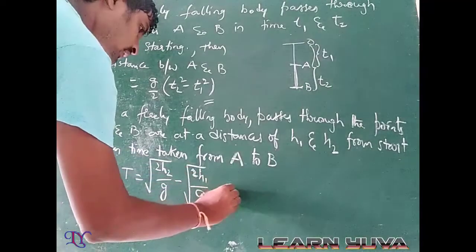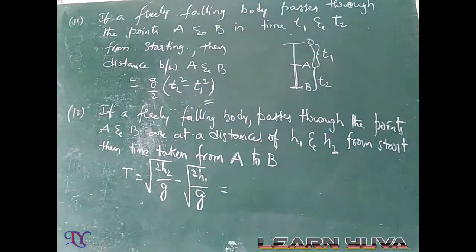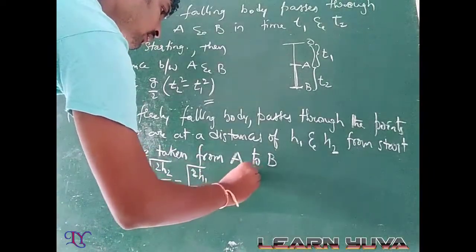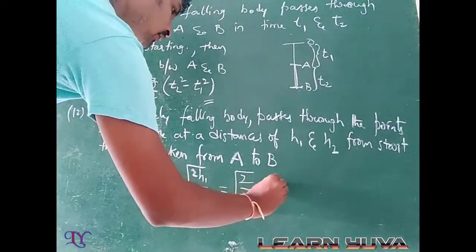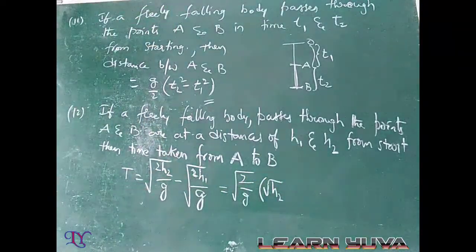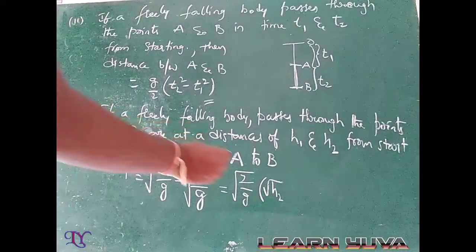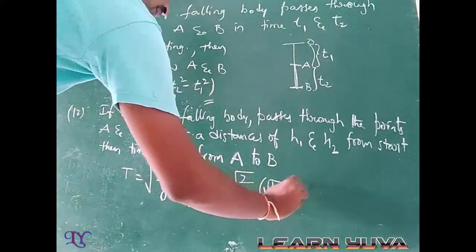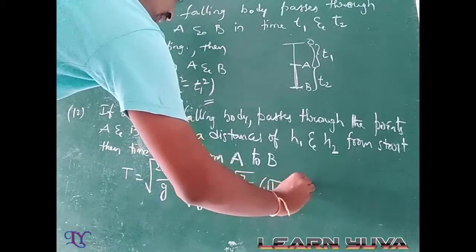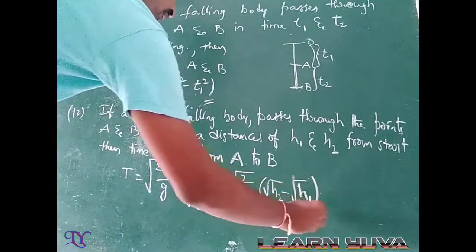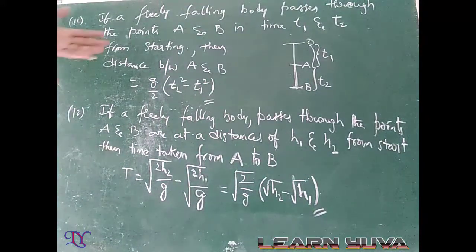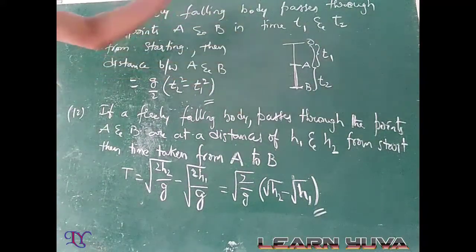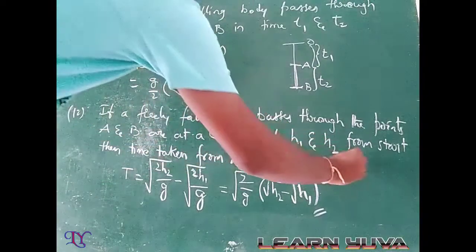So take square root of 2 by g as common: square root of 2 by g times (square root of h2 minus square root of h1).